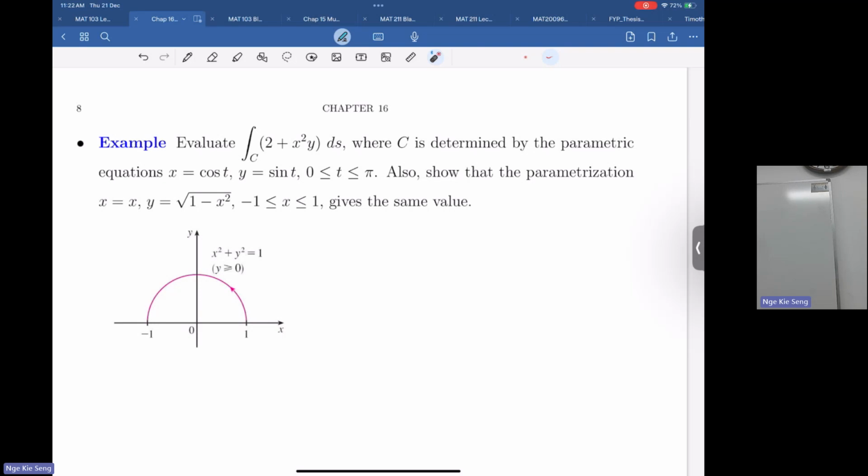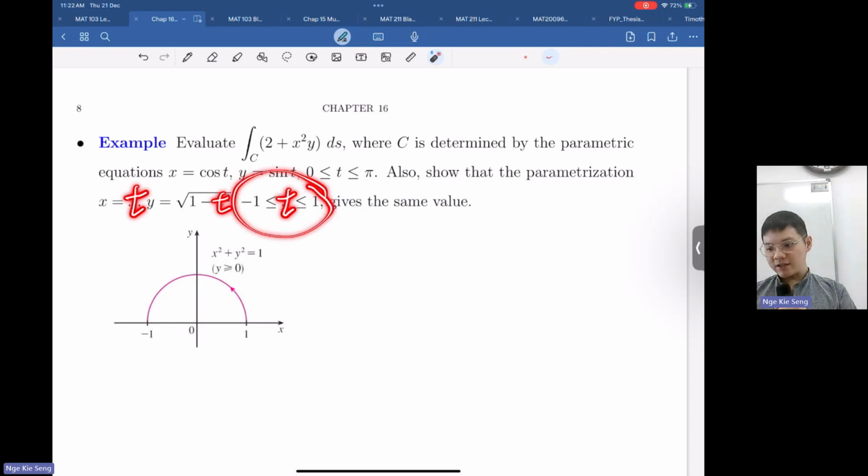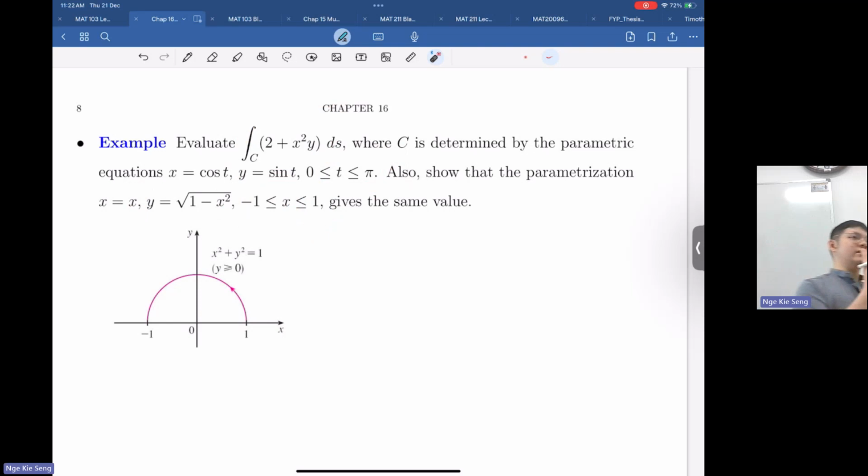If you regard this x as t, then you can see that these two t start and end at different places. But no matter how you parameterize, you should get the same line integral. So that means the line integral already takes into consideration that different parameterizations of the curve won't affect your integral.